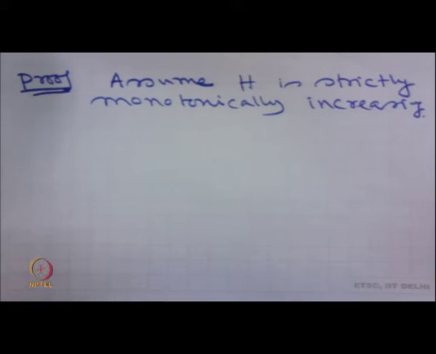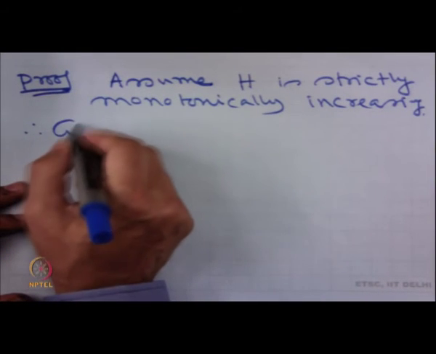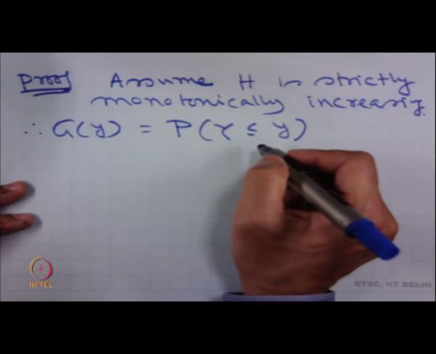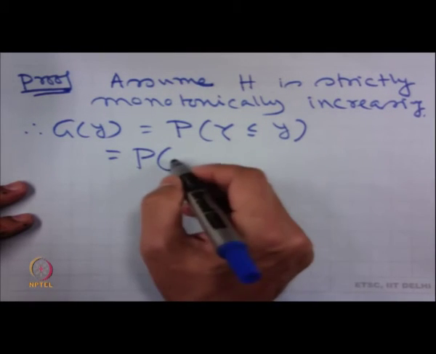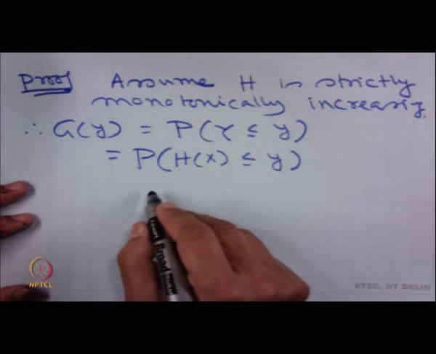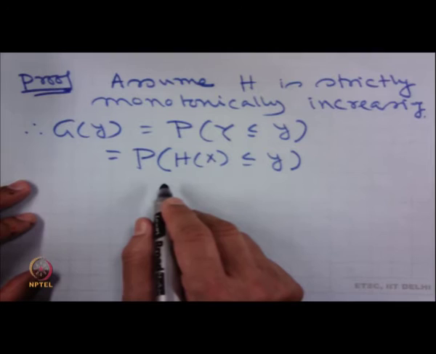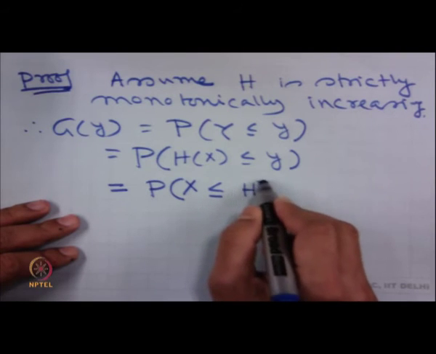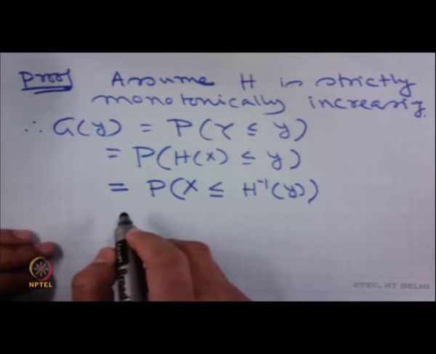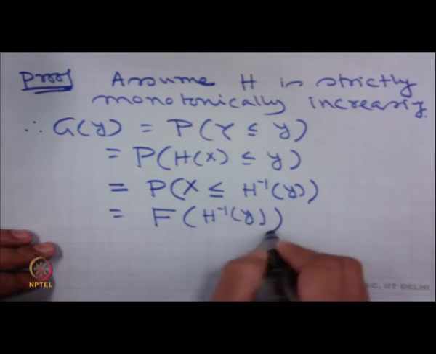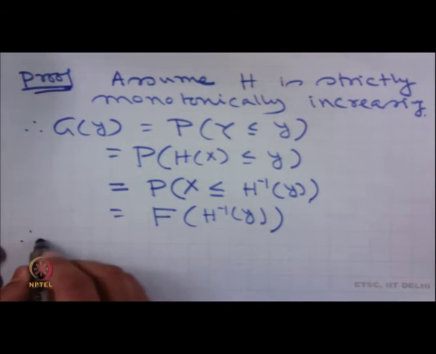So, we have taken an increasing function. Therefore, g of y, which is probability y less than equal to y, is same as probability h of x less than equal to y, and since it is strictly monotonic, we can get the inverse of y uniquely, and therefore, this is f at h inverse y. Therefore, what is the PDF of y?